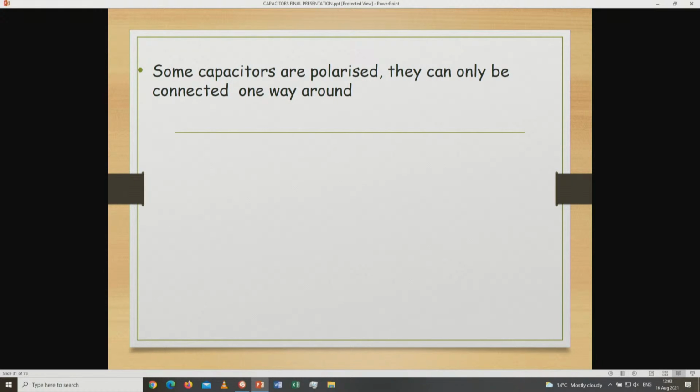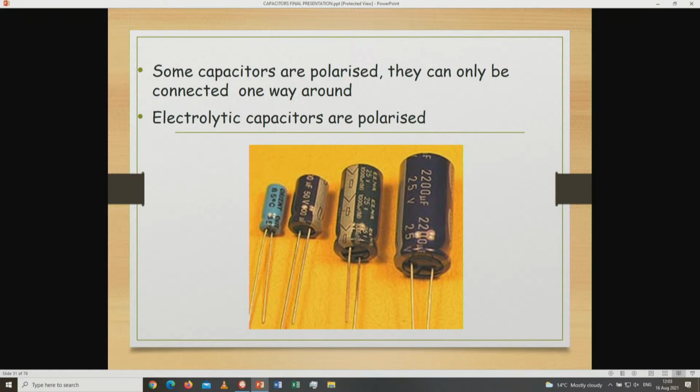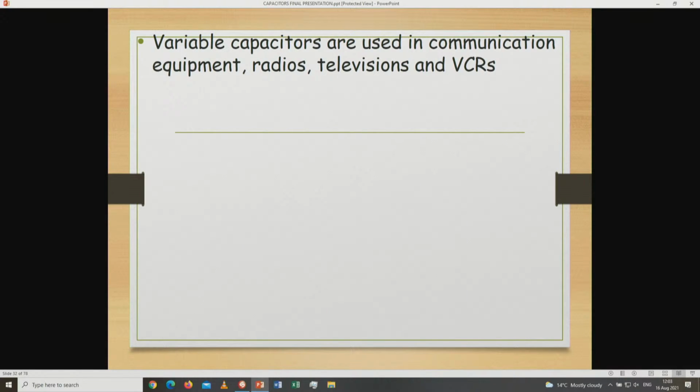Some capacitors are polarized. They can only be connected one way, and electrolytic capacitors are polarized. These are examples of electrolytic capacitors. We also have variable capacitors. Remember earlier on I indicated a fixed capacitor. I've shown you how we show a fixed capacitor and a variable capacitor.